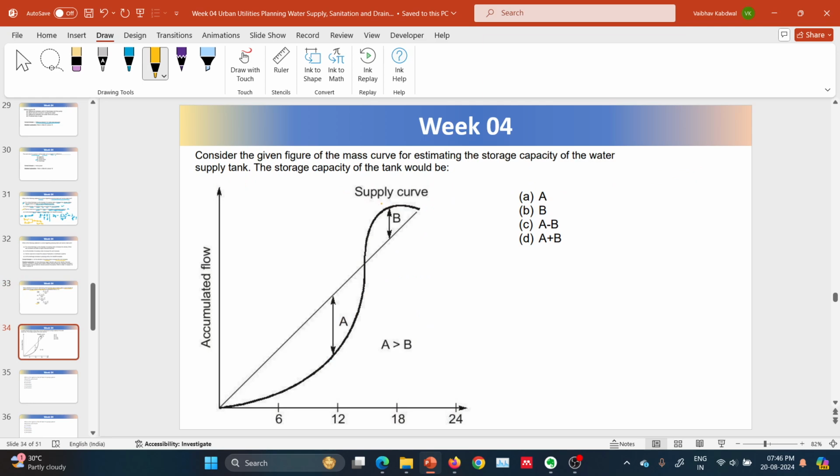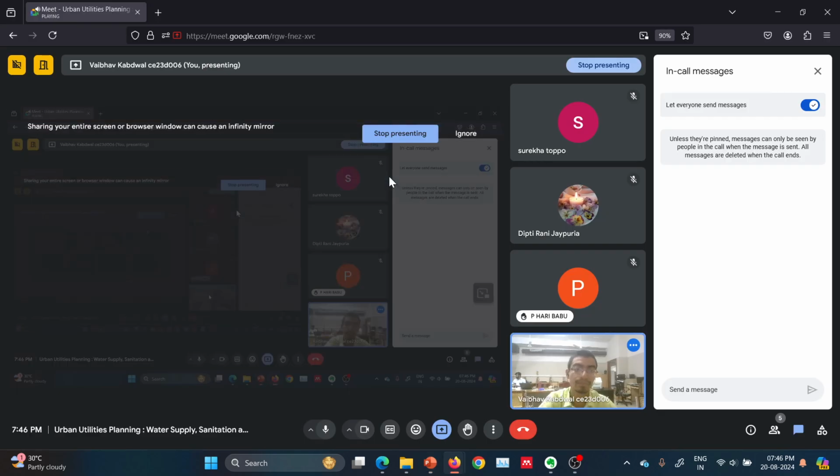Consider the given figure of the mass curve for estimating the storage capacity of the water. What is the answer for this? You might have studied. Can you tell? You can text.